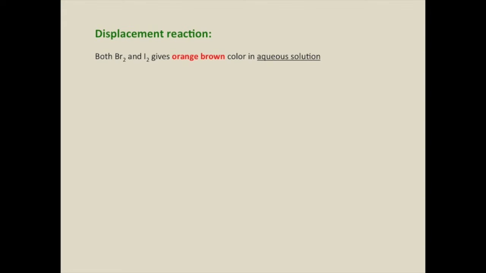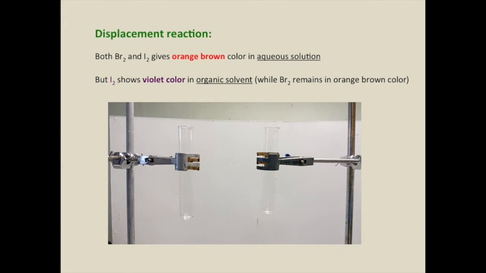Well, similarly, we can use chlorine to extract iodine from iodide, and here are the equation and the half equations. So everyone should pay attention and have a look on that. Finally, both bromine solution and iodine solution show orange-brown color in aqueous state.